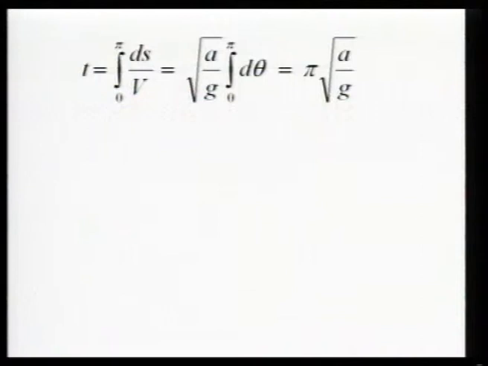So t is equal to the integral from 0 to pi, we had already discussed the limits, of ds by v. Under root a by g, integral 0 to pi d theta. It's simple. Integral d theta is equal to pi, so that the time taken is equal to pi under root a by g.